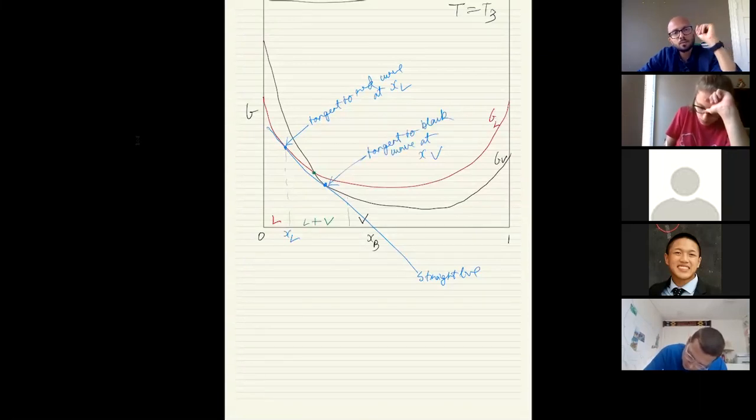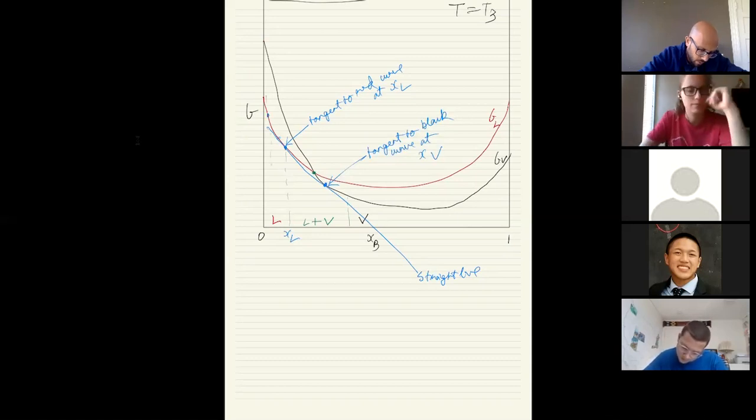There can be only one such line which is tangent to both of them. Why is that the case? Because if you just think about the red curve, at any point you can draw a tangent. You can keep drawing lots and lots of tangents.